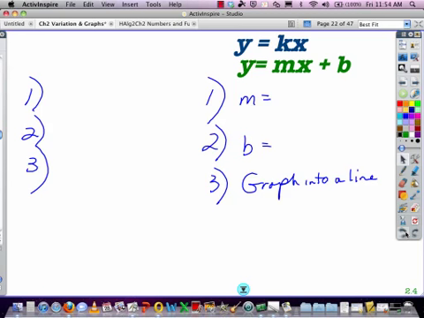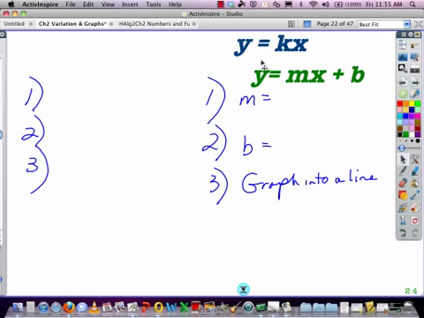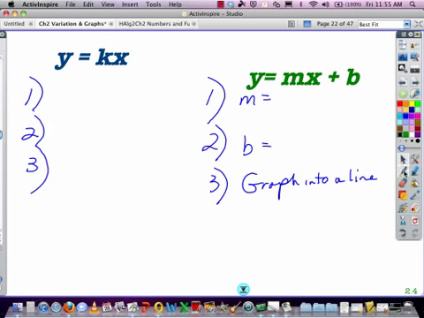So, knowing that we have similarities, we're saying that this form, y equals kx, is a special form of a line. And if we talk about y equals mx plus b, now that you have yours written down, I hope, you should be able to tell me m is the slope. M is that steepness, slant, whatever you like to call it, of your line.